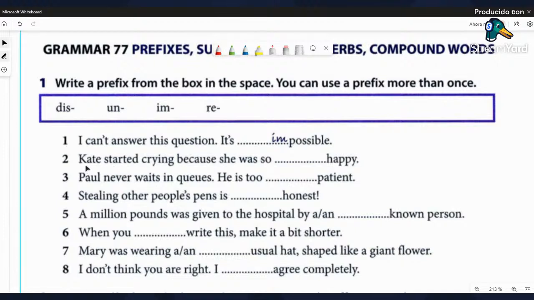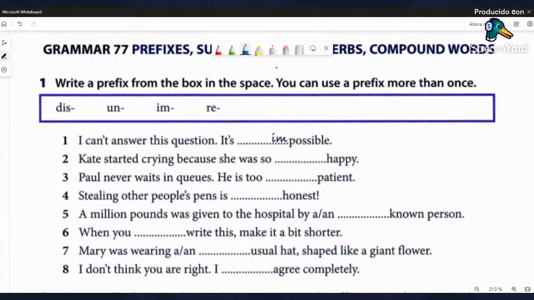We have the number two. So we need to get some context. It says here, Kate started crying because she was so... Of course, she's not going to start crying because she's happy. Well, it's possible, but usually the most common thing to see is that a person is not happy.